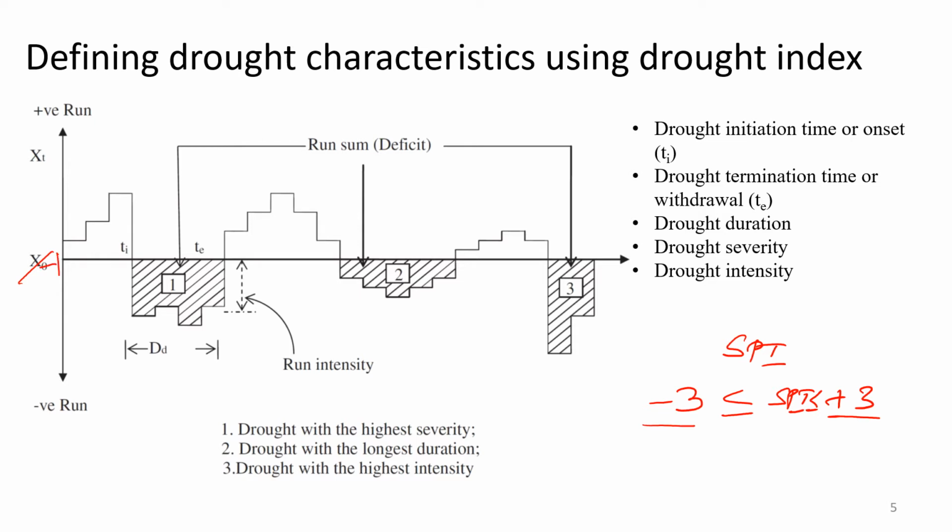So they will continuously estimate these SPI values. They will put a time series of it over time, and whenever the value in the time series crosses the threshold, in our case -1, they will first declare the onset of the drought event. Say, as I said in the example, July 2019. And then this value may get worsened, like -1 may become -2, it may become -3, and then it may get even worse, then it may slowly come back to normal.